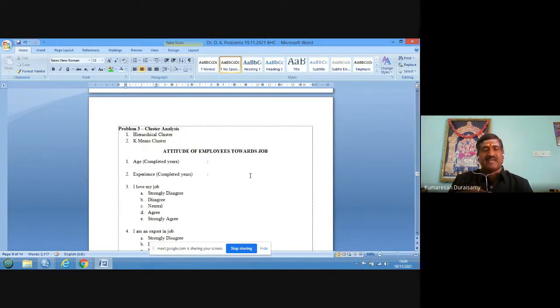That independent variable was either nominal or ordinal data, a categorical variable, like gender, male and female, marital status, married and single, type of family, joint family and nuclear family, age group up to 20, 20 to 40, 40 to 60, above 60.